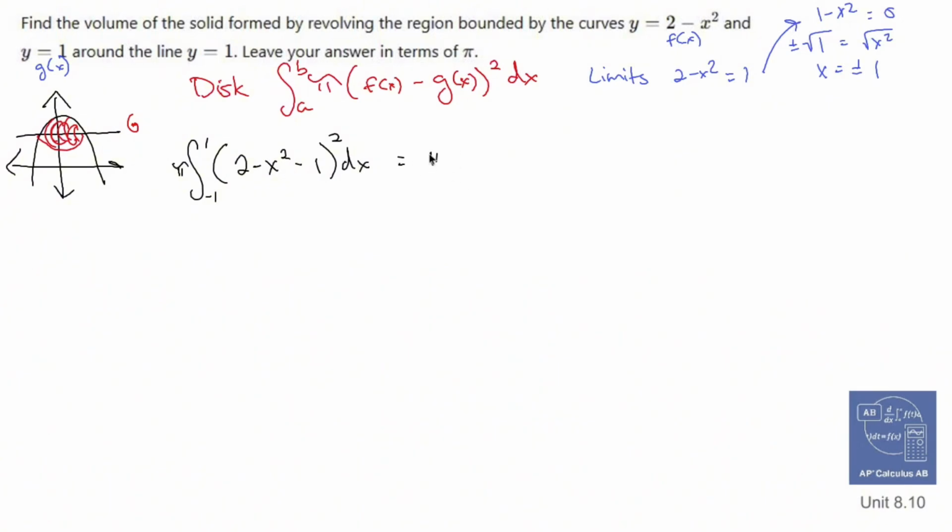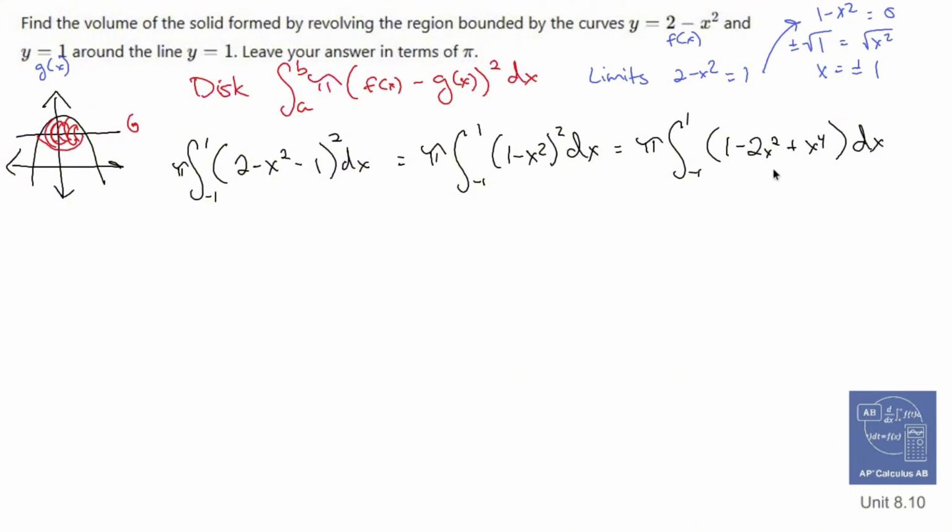That becomes pi times the integral from negative 1 to 1 of (1 minus x squared) squared dx, which before we even integrate can be changed even further by squaring that whole parentheses, which is a perfect square trinomial. So 1 minus 2x squared plus x to the fourth, close it, dx it.